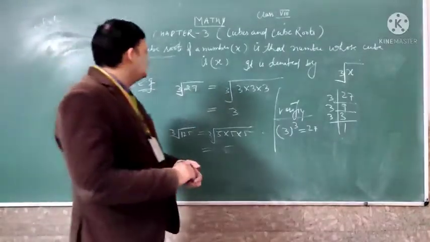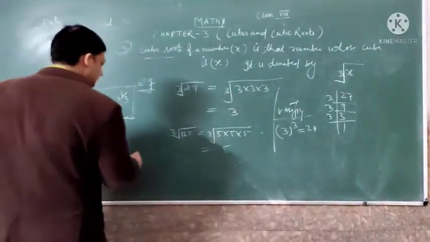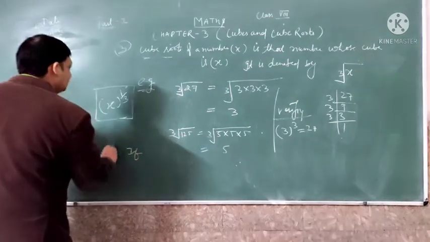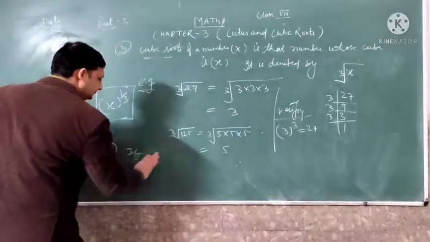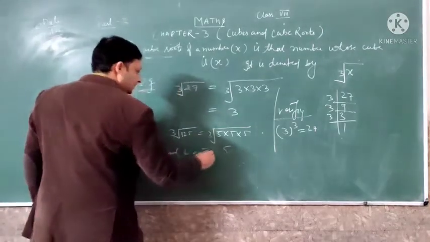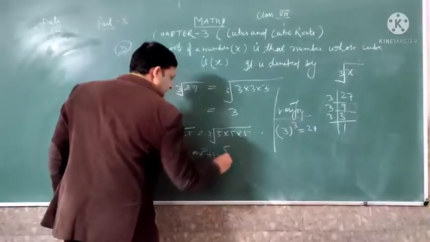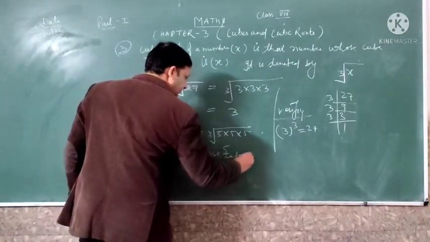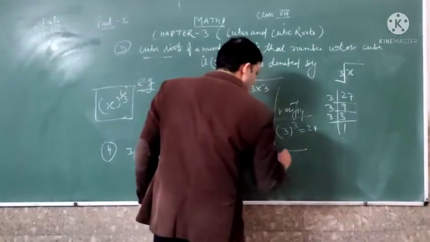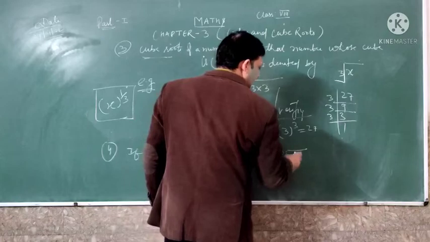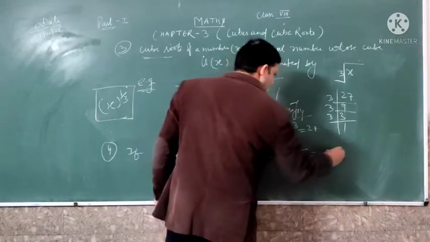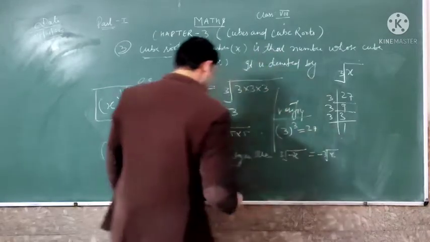Now there are some properties of cube roots, like in integers. Fourth point: if a and b are positive integers, then the cube root of minus x will be, with the minus coming outside and the remaining the same, minus cube root of x.